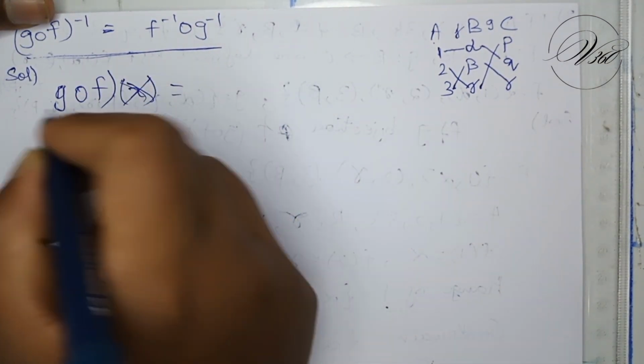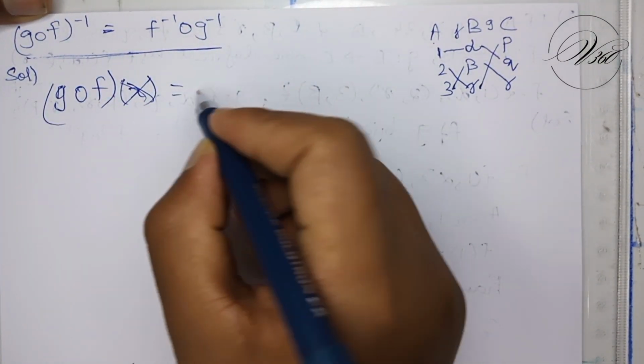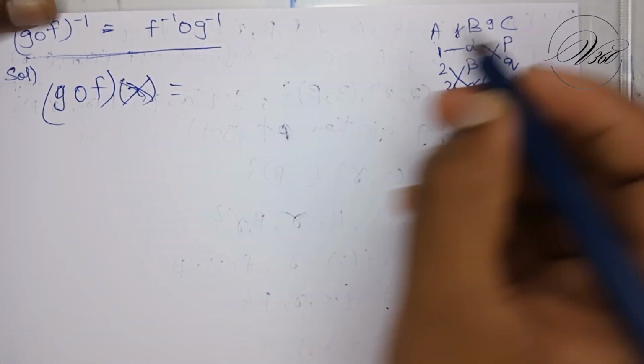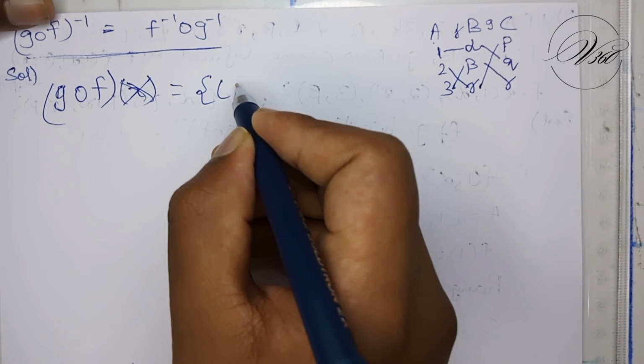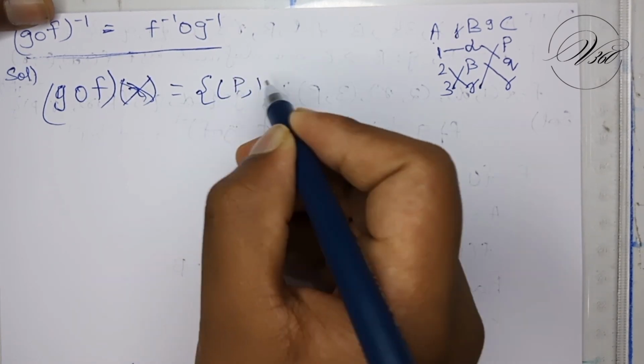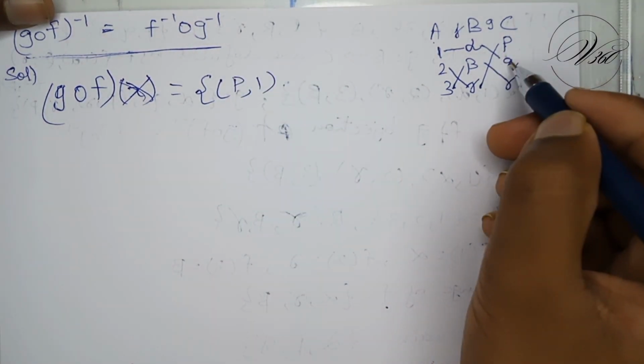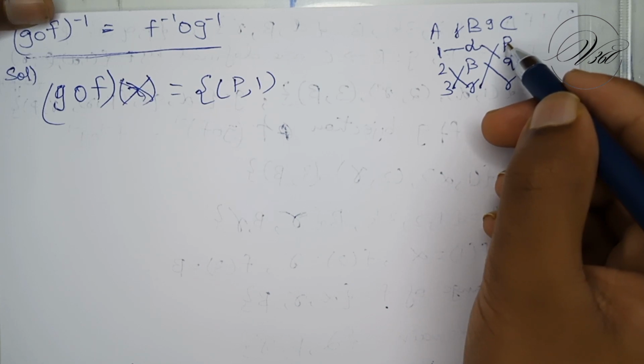Okay, we should do G of x. Yeah, now here from P to 1, P comma 1, Q, no, P to 2, right?